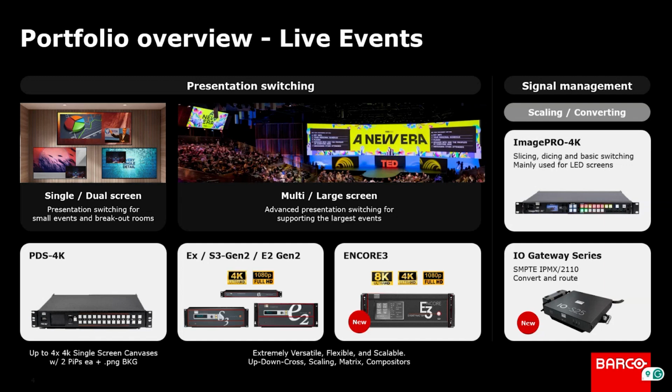Like we tell everybody, most of our products, especially the flagship ones like the Encore3, E2, Image Pro 4K, those are all internal 12-bit 444 processing, so you get the best possible scaling at the lowest latency. And then, of course, we have our I/O gateway series, so we can support stuff like IPMX 2110. We can convert and route from baseband to those AV over IP solutions.